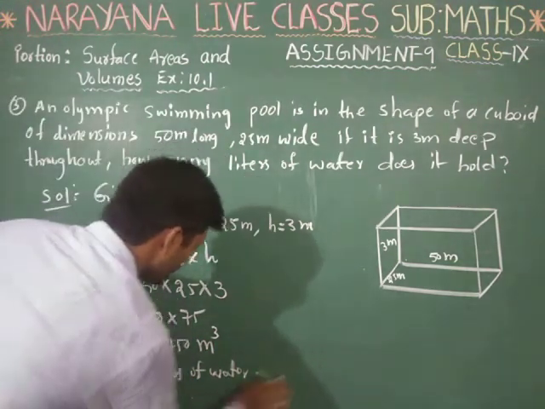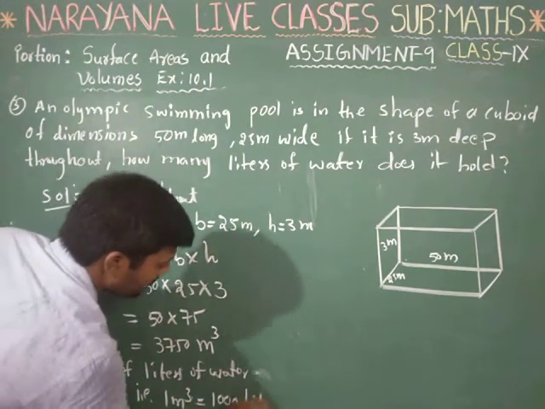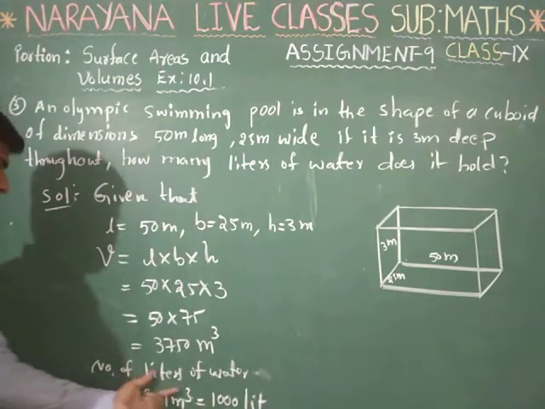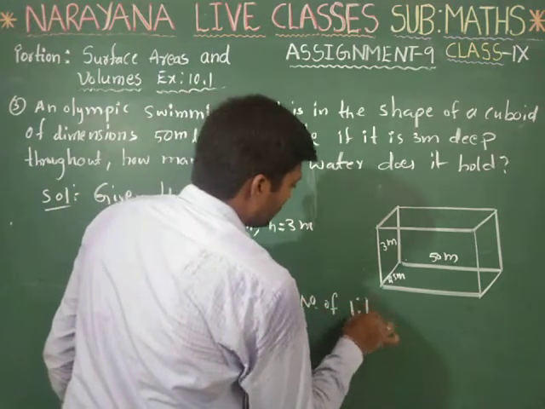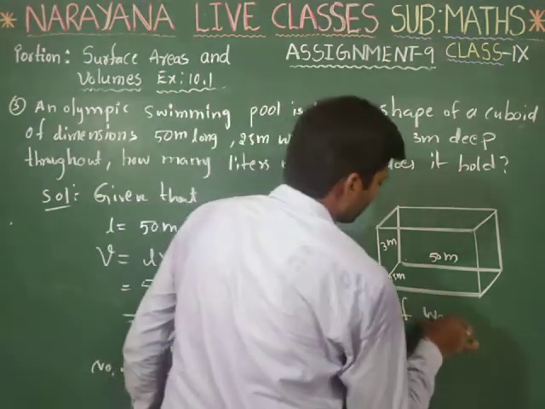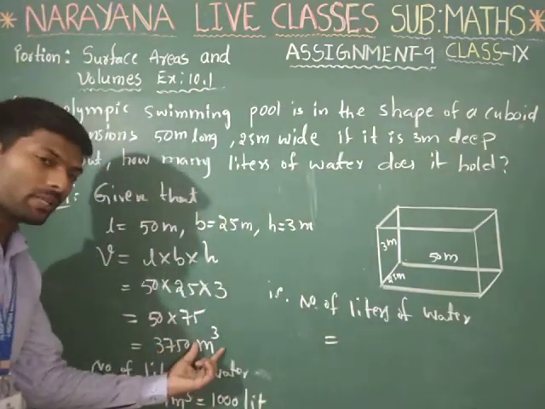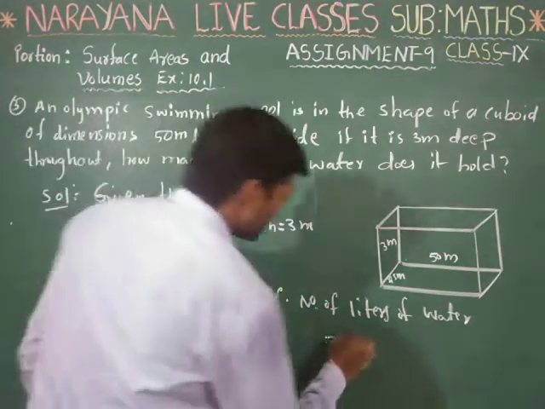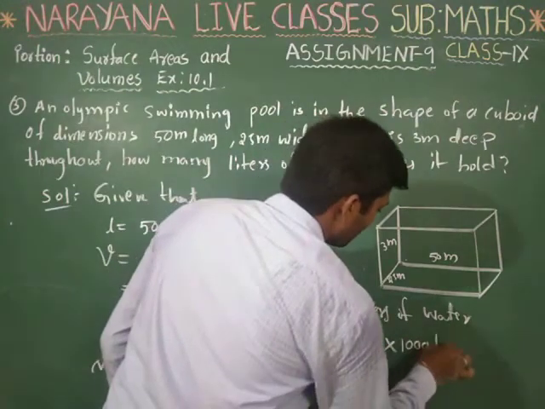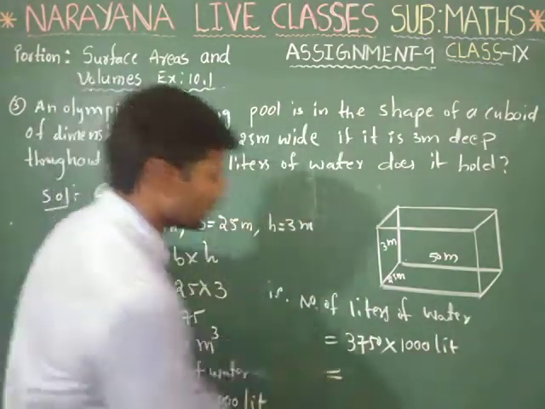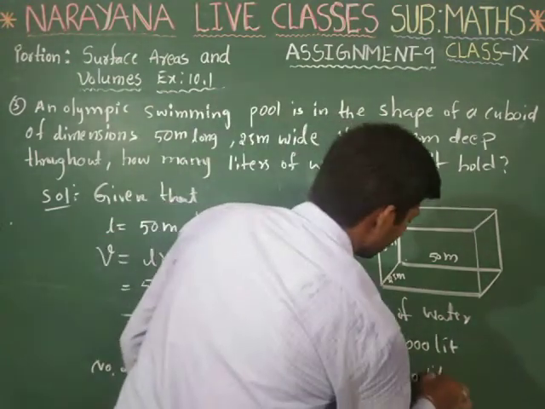In order to find the number of liters of water, we need to multiply: in the place of m cube, we write 1000 liters. That is 3750 into 1000 liters. Just multiply this, and this is 37 lakh 50,000 liters. Thank you.